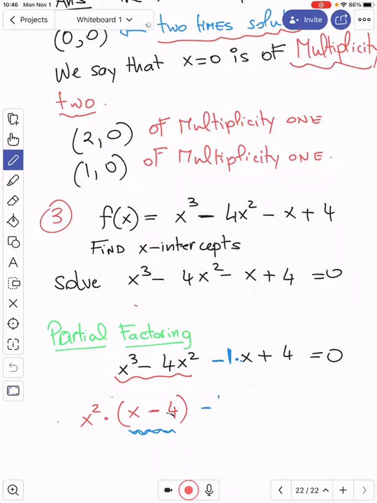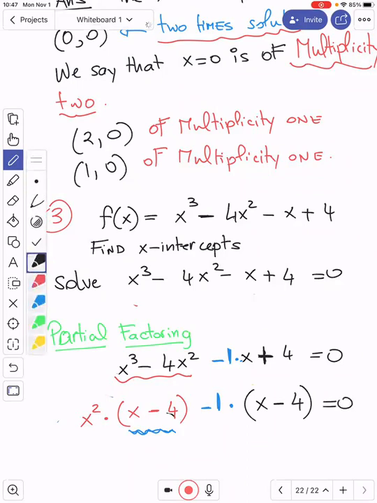So here's my negative 1 times, negative 1 times x, that will be minus x. And because here it's a plus, if you pull out negative 1, then we're going to have minus 4 inside the parentheses, because negative times negative is positive when you distribute the sign, that'll be plus 4.